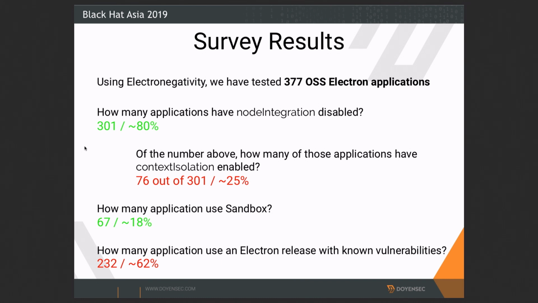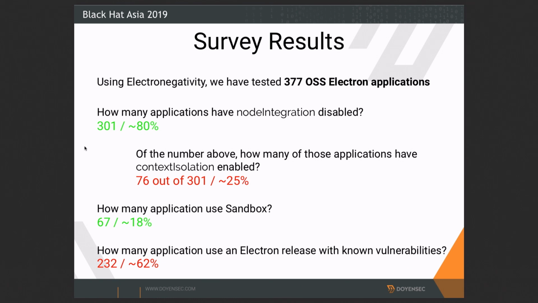We have an open source tool that has security checks that can be automated, and we automated it to run on all open source Electron applications. And just to give you some numbers, what we found, for example, is that over 80% were using node integration. So this again brings back the point of people being aware of this problem.